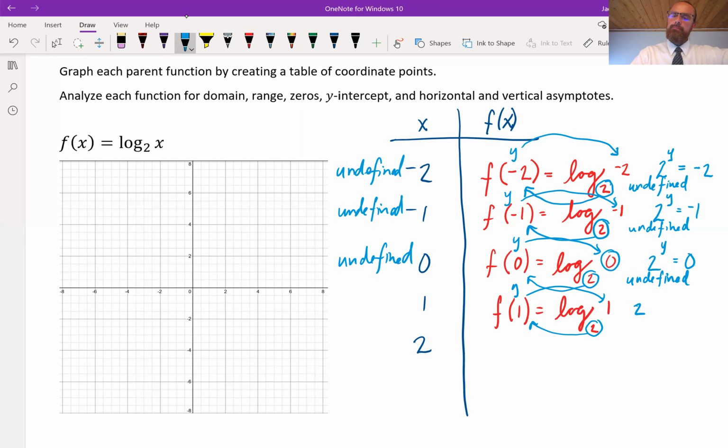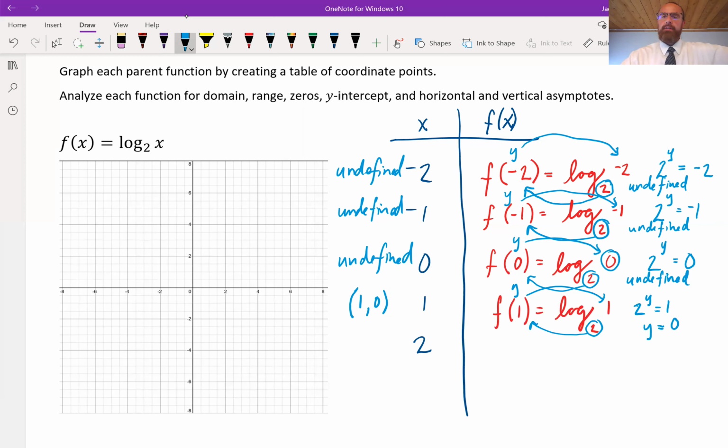Is this possible? And eureka, we're in luck. Remember, what power can I raise anything to and have it equal 1? Excellent, 0. So the output here for the y is 0, and at last we do have a point that we can graph. This is the point 1, 0.